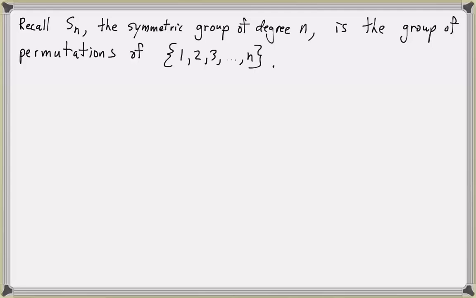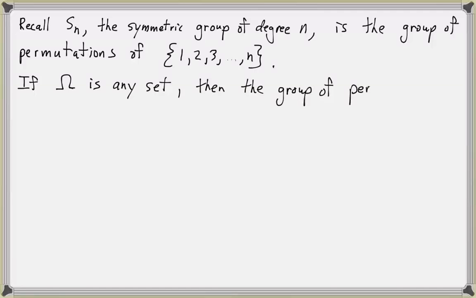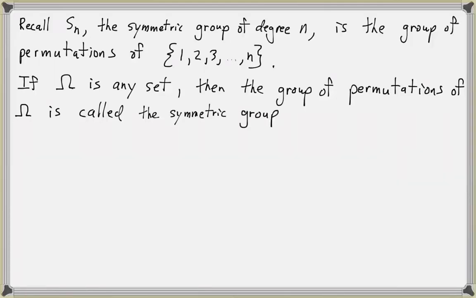Now, if you have any set of elements, let's call it omega, so if omega is any set, not just the set of numbers 1 through n, then we can also define the group of permutations of omega, and this group is called the symmetric group on omega, denoted S sub omega.